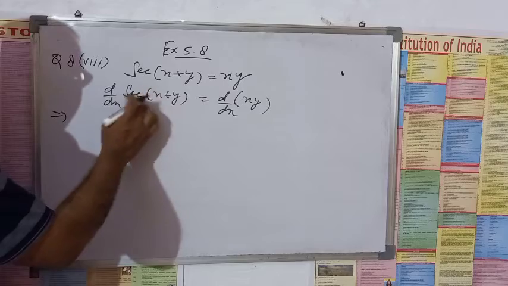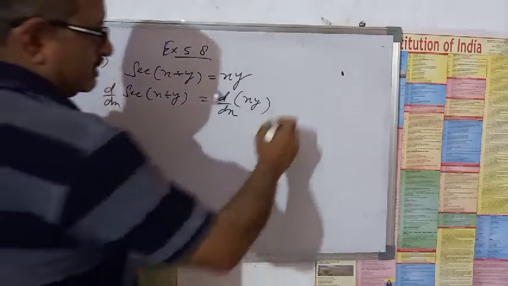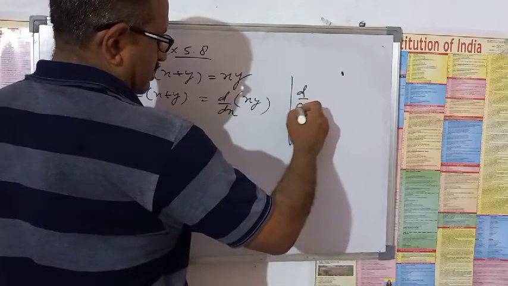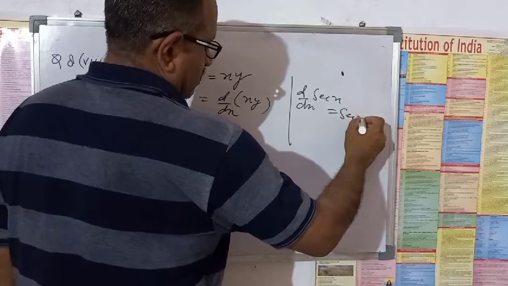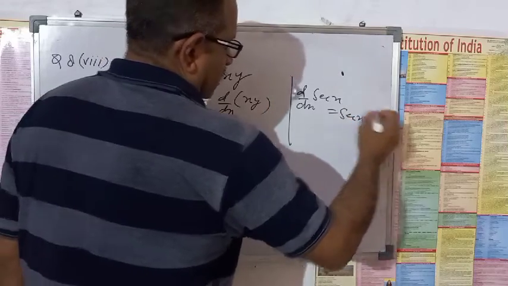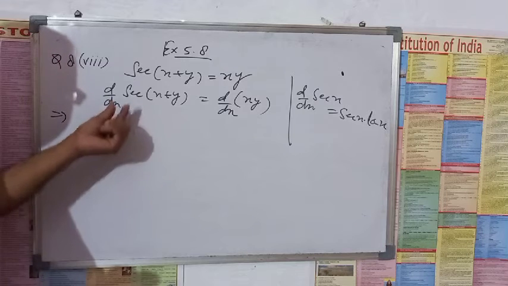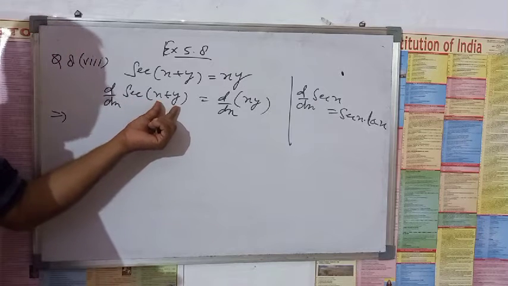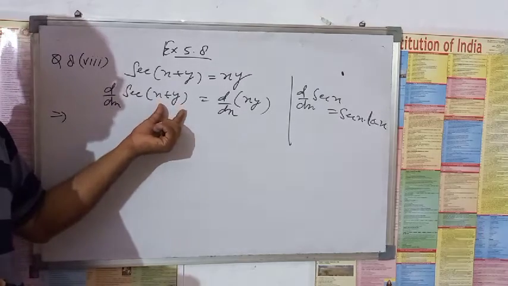Tell what is the derivative of sec x? Derivative of sec x is sec x into tan x. But here, in place of x, x plus y is there.